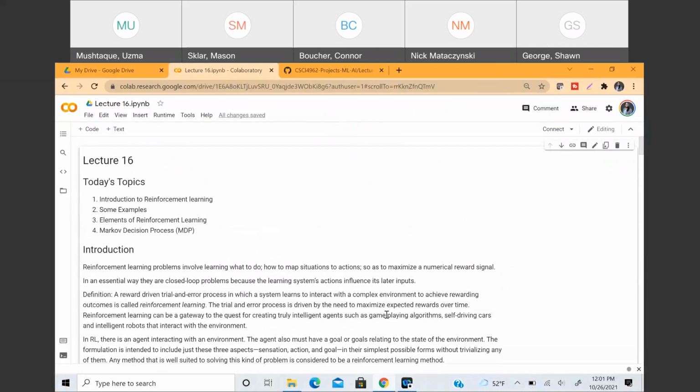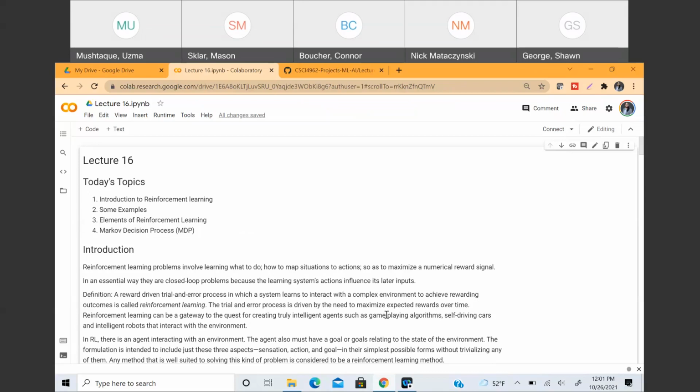Okay, so until now we have discussed supervised learning and we have discussed unsupervised learning. And today we are discussing a completely different paradigm of learning that's known as reinforcement learning. So at a high level, we are not looking for any classifiers.